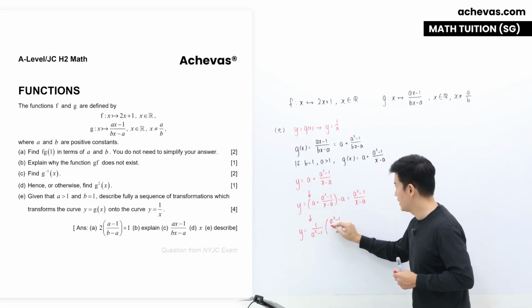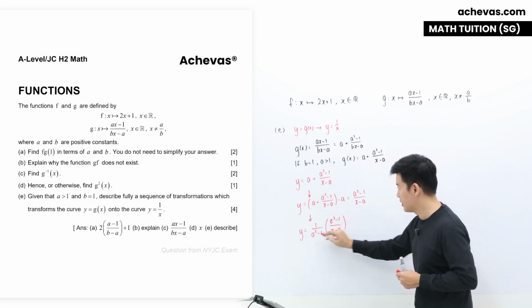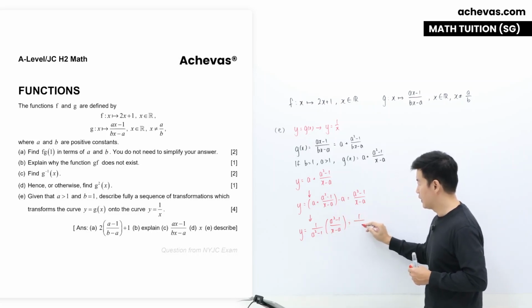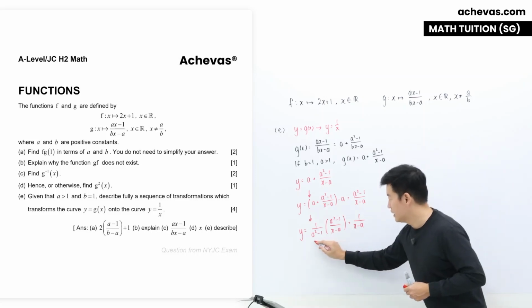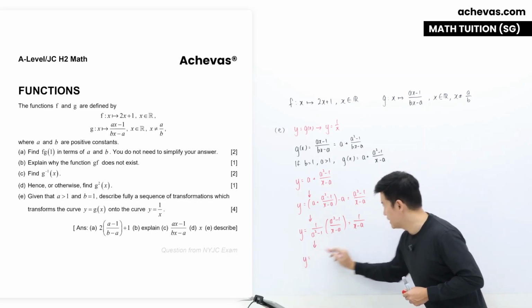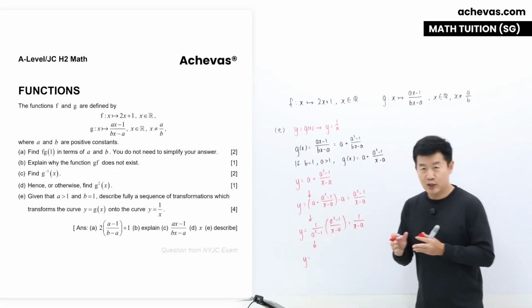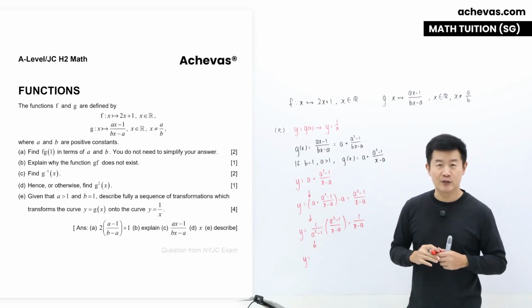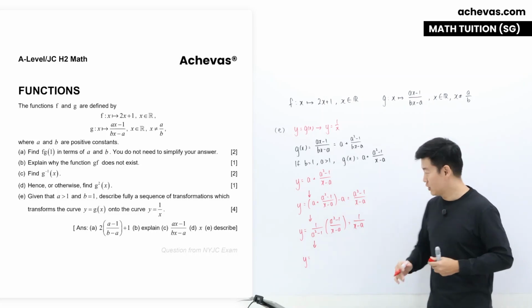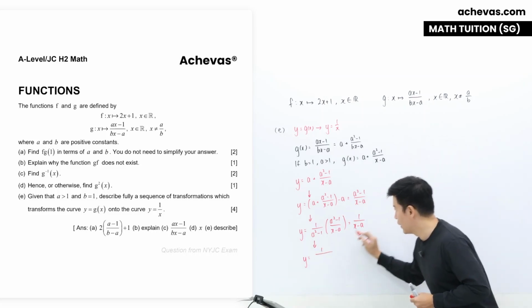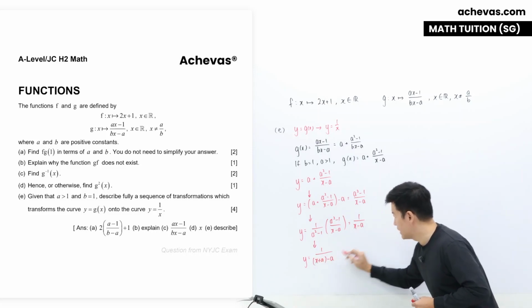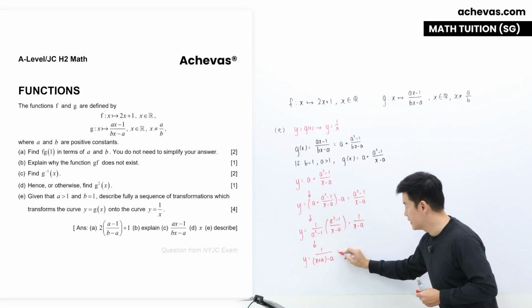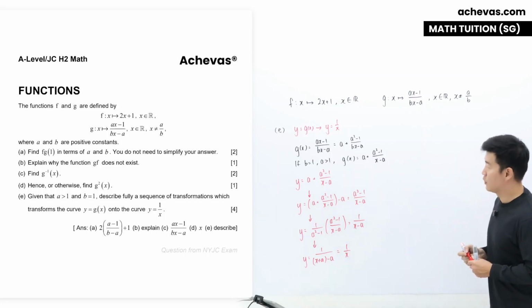So we have (a² - 1)/(x - a) to be multiplied to this, which will leave me with 1/(x - a). And finally, we are going to replace the x that is here. Again, sticking to how transformation is going to be taking place according to what we are taught in our syllabus, we are going to replace this x here by x + a. So minus a, it will be from here. This is going to give us 1/x.